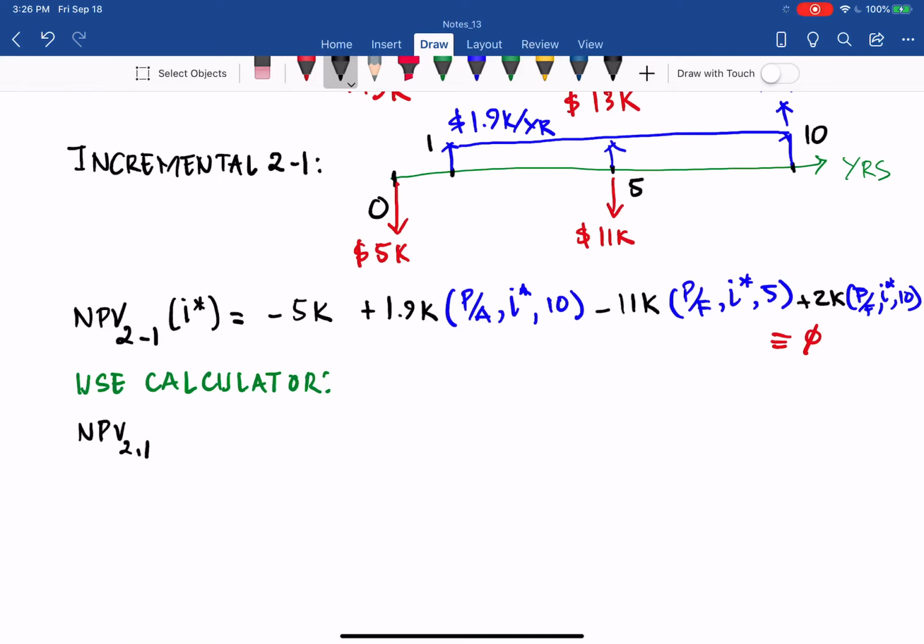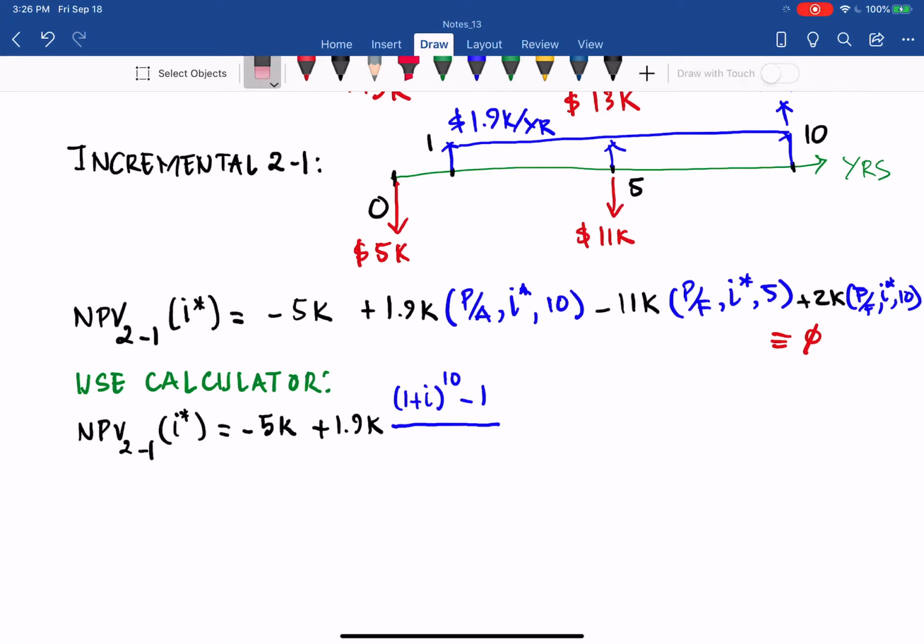So we have the NPV, 2 minus 1, so incremental, at I star equal to negative 5K plus 1.9K, and the P over A factor is 1 plus I to the power 10 minus 1, over I times 1 plus I to the power 10.